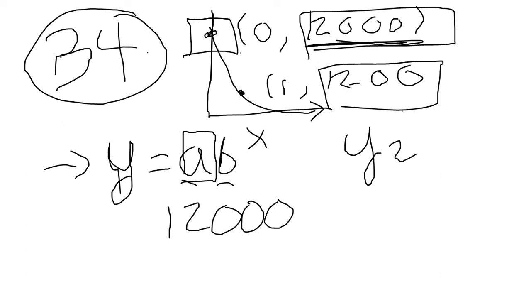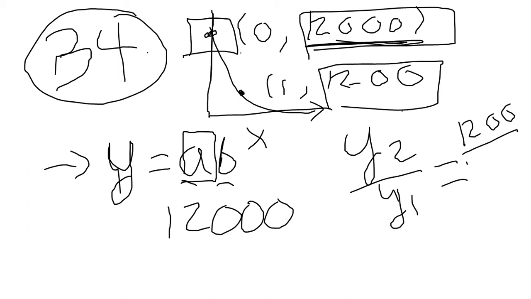To find our b value, we need to figure out how many times smaller this y value is from our first y value. So what we're going to do is do an equation over here, y2 divided by y1. Or in terms of this problem, we're going to do 1200 divided by 12,000. Hopefully you guys are seeing this already really easily. This is clearly a factor of 10 smaller, so we're going to just get 1 over 10 here.